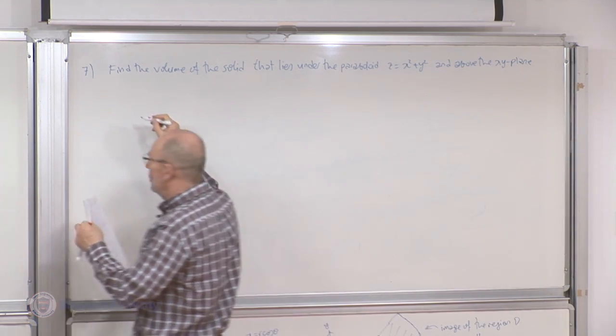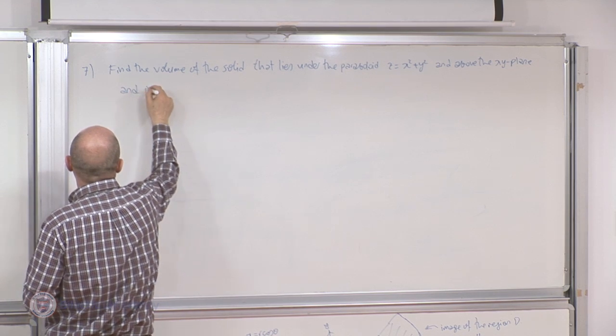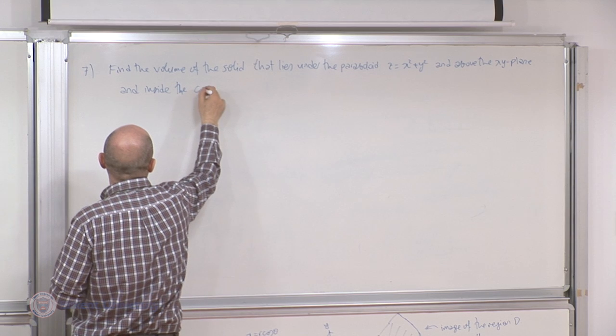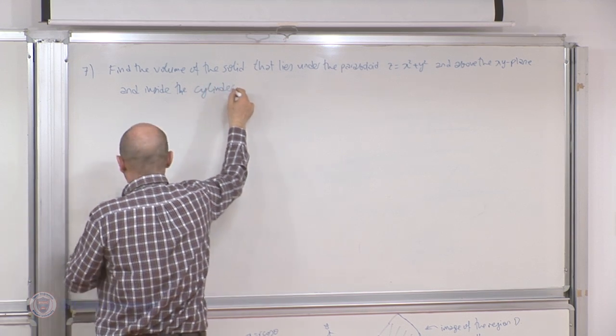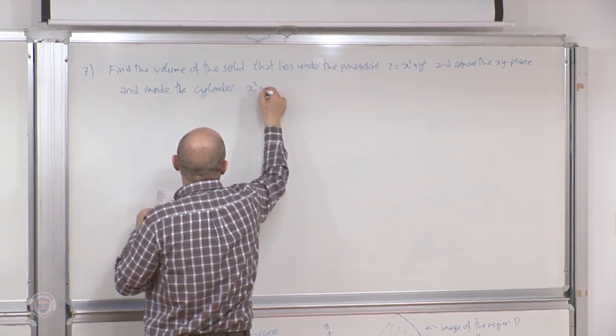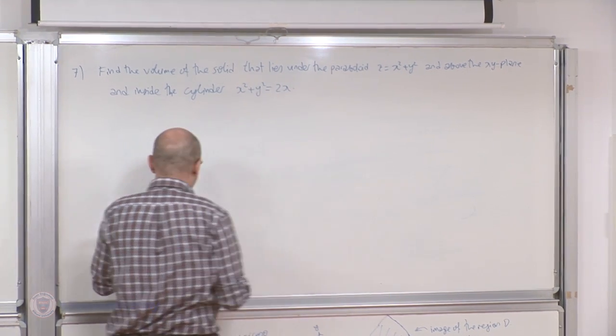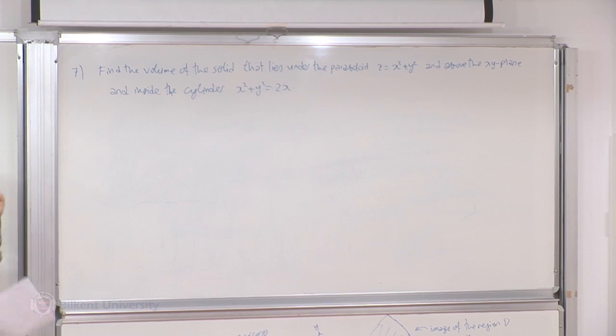and inside the cylinder x square plus y square is equal to 2x. Cylinder means that z, in this case, is free.